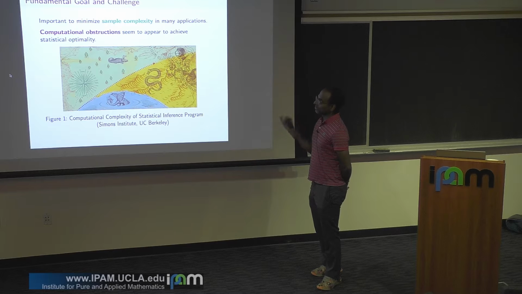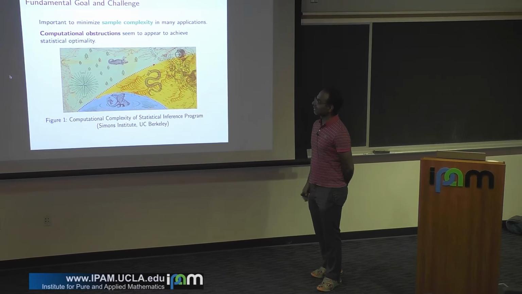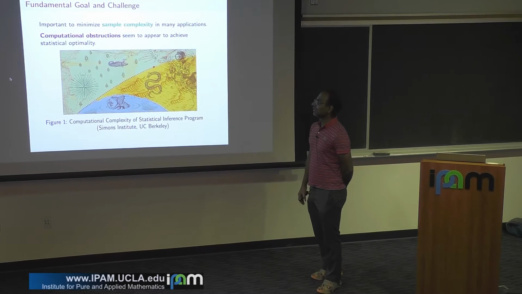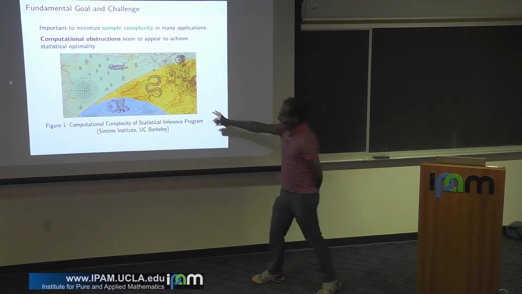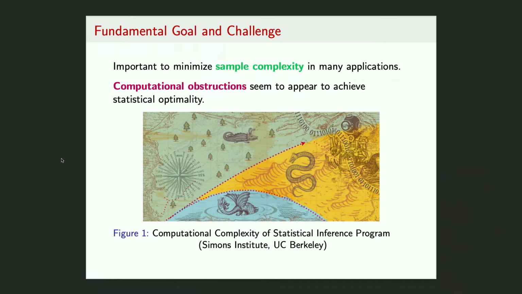And for many of such questions, we have seen that there are computational obstructions to achieving this statistical optimality. This is from a picture of a program on Simons, trying to find these different landscapes where you have these sort of obstructions, where you cannot get optimal sample complexity with efficient algorithms.